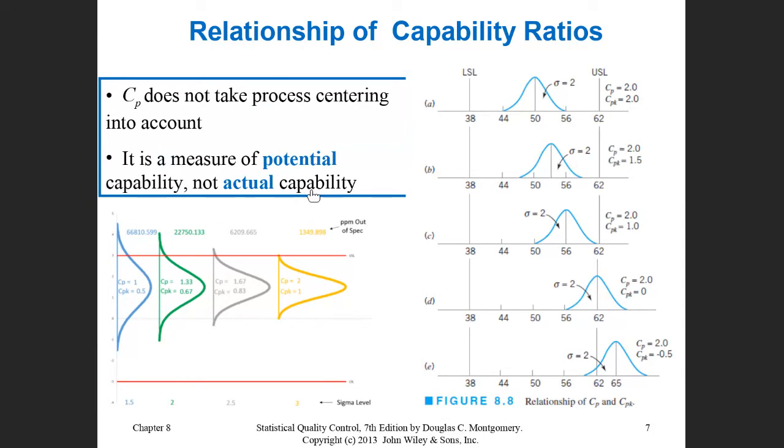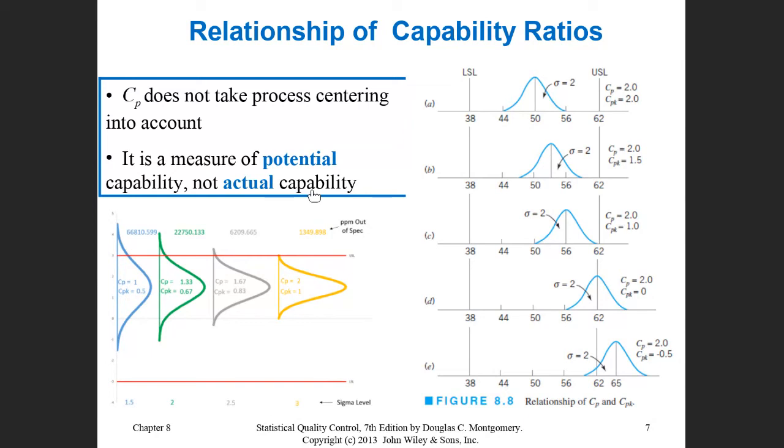So when we calculate the ratios, as we will see in the coming examples, if you have only a high CP and you don't have a high CPK, then we cannot say that the process is capable. It has a potential for capability, but is not capable.